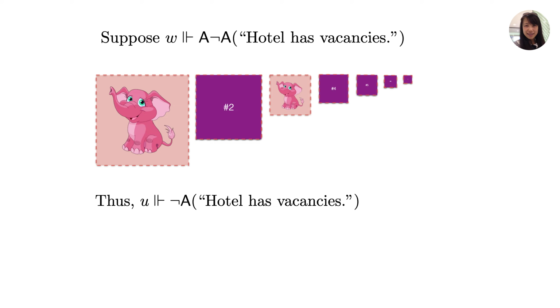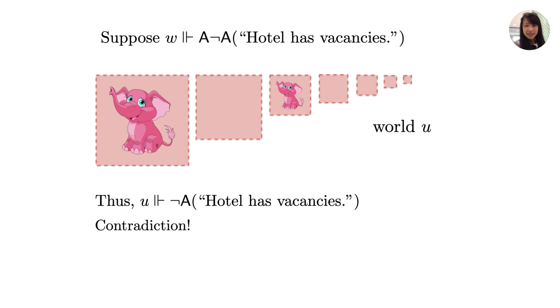And for such world U, for any of the worlds that's indistinguishable with the current world, where the door number 1 and number 3 are open, you should have the same fact. So let's consider a world where all of the rest of the rooms are actually empty. And in this world, if you open another door, a door other than number 1 and number 3, you will find out that actually the hotel has vacancy. So this gives us a contradiction.